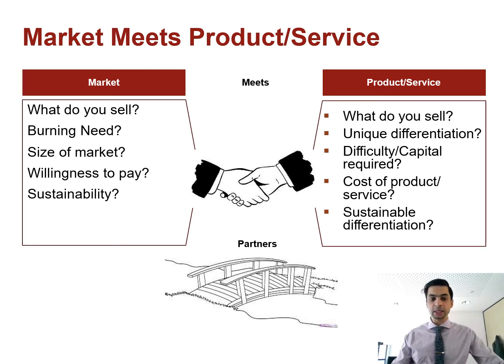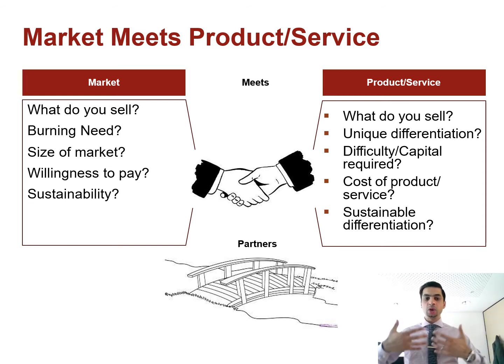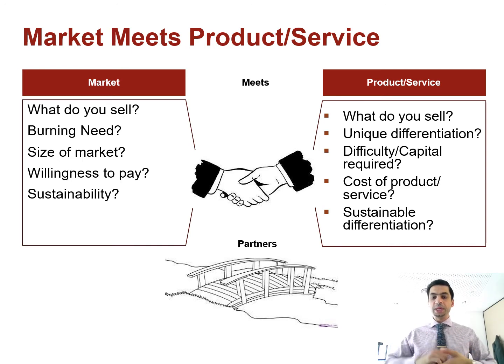The way to look at this is, what do you sell? You have your product, the customer or market has that burning need, and you have a unique differentiation. Then you look at the size of the market, the capital required, and so on. So you are meeting your customers' requirements, and they become your partners.